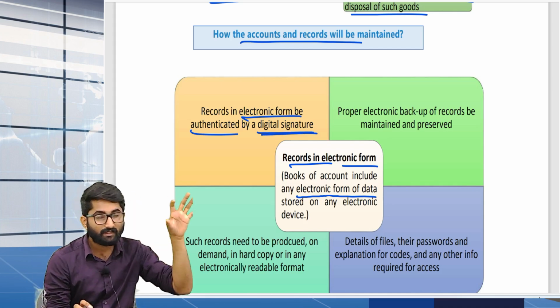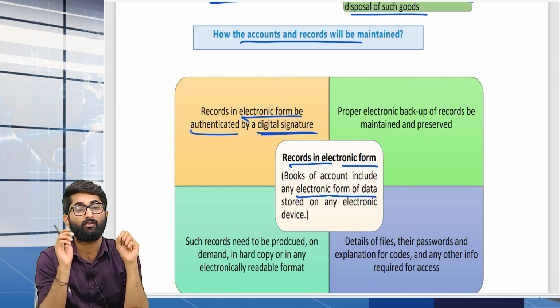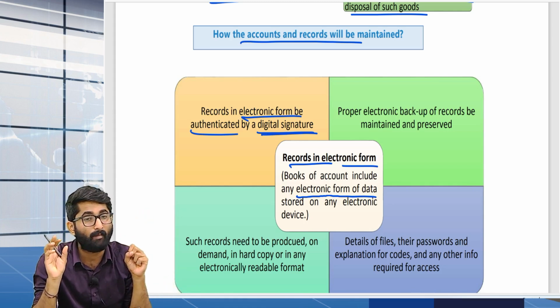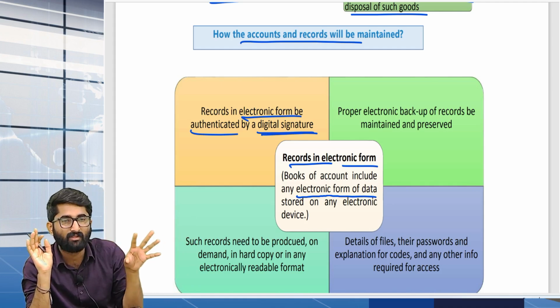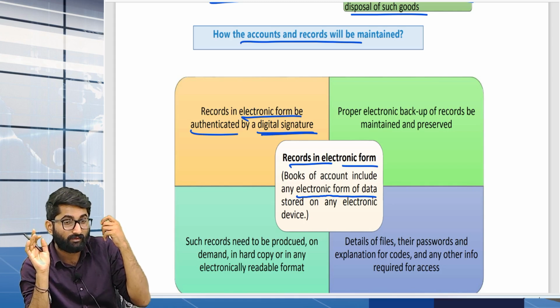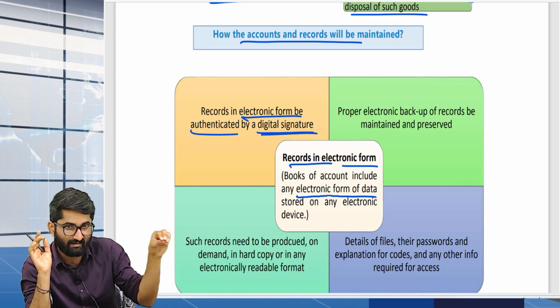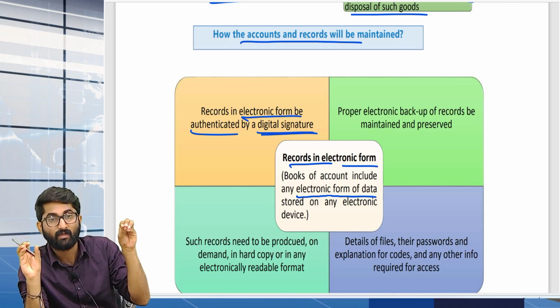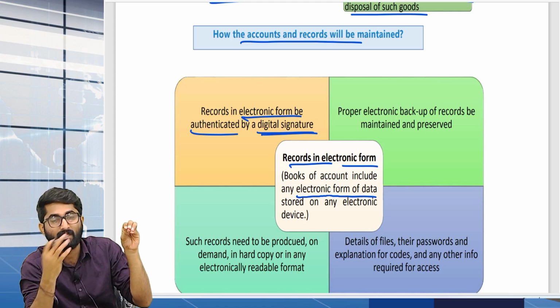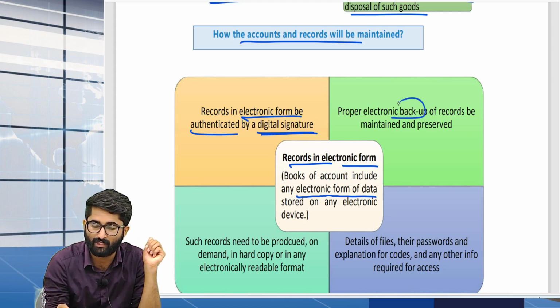And after keeping this in the electronic form, you have to have a backup. Proper backup should be there, so that if there is any accident or natural cause and you don't find the record in that electronic form, then within a reasonable time it should be possible to recover and restore it. So that's why you should have the backup.